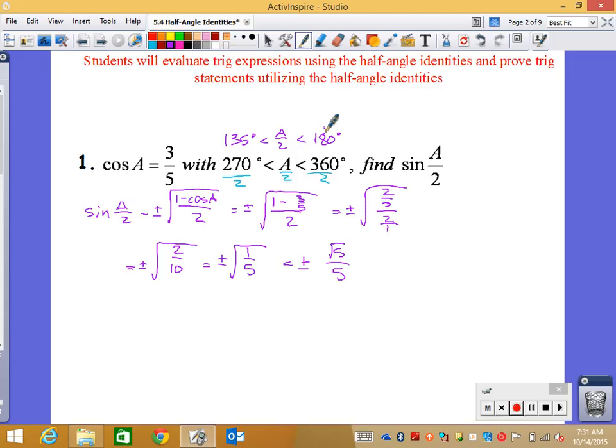Notice that interval puts me in quadrant 2. So now thinking about the sine of A over 2, is sine positive or negative in quadrant 2? Well, that happens to be positive, using All Students Take Calculus. So my final answer is going to be positive root 5 over 5.